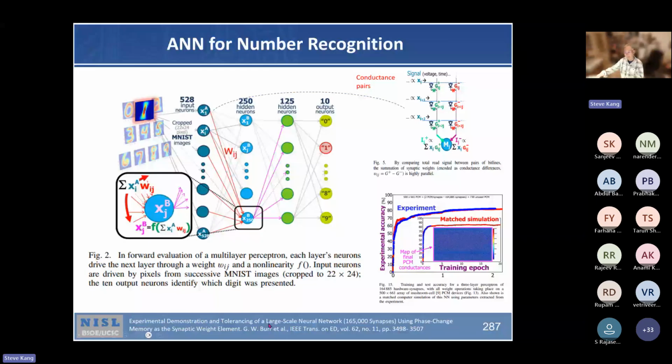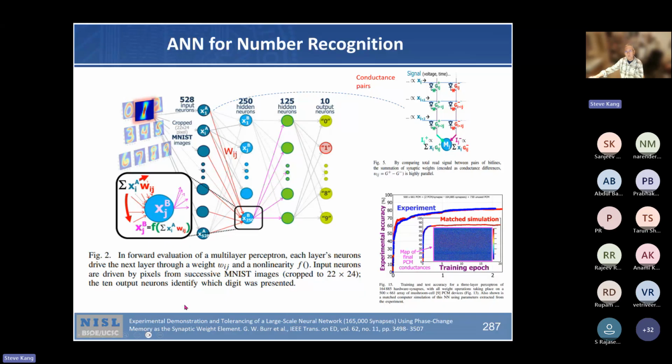In a nutshell, they did both the experiment and the simulation, and in terms of training epochs, 1, 2, 3, etc., they achieved almost 80% accuracy. Usually you want to achieve more than 90%, but in the early stage, they did achieve 80%.